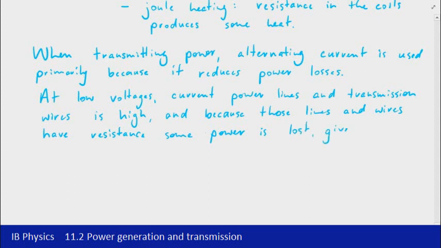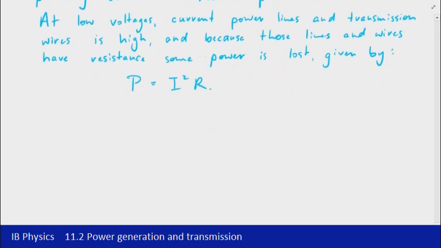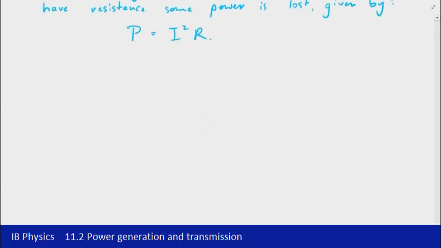And the power loss is given by the equation, as we've seen before, P equals I squared R.